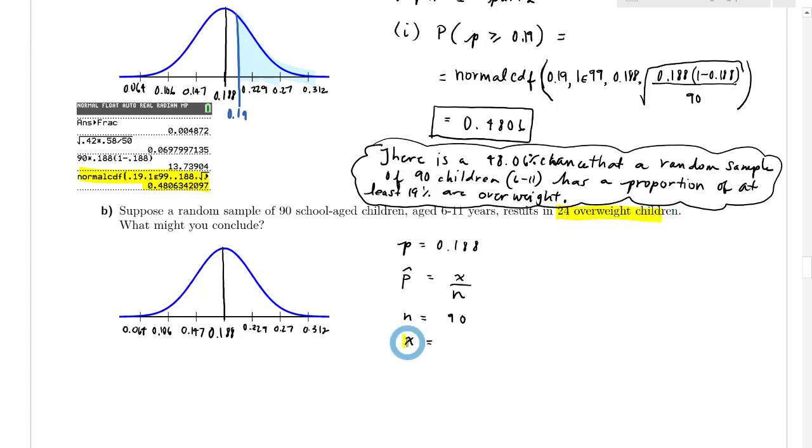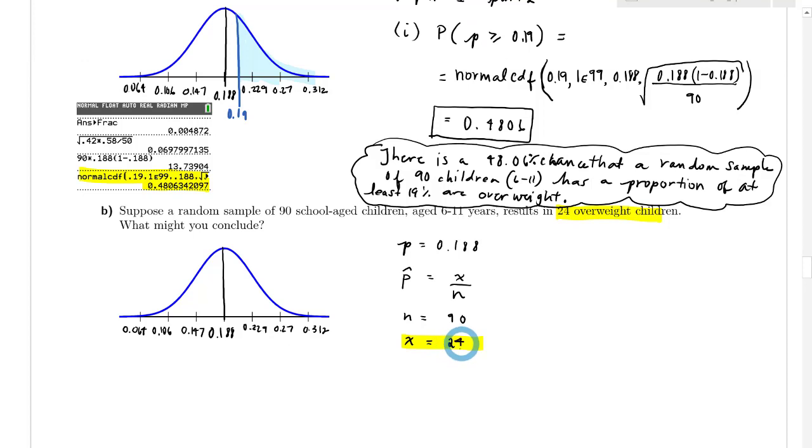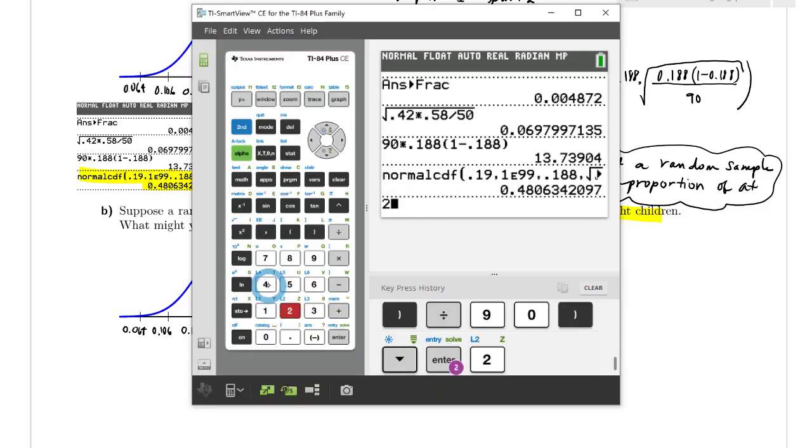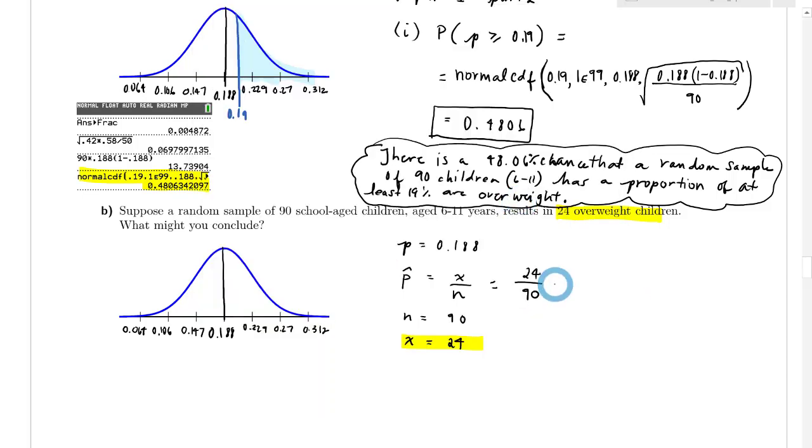Well, they told me 24. So I could go ahead and put 24 over 90 and find this sample proportion that corresponds to 24 children being overweight. So if I put this in the calculator, I'll round to 3 decimals just to be consistent. So we get 0.267.